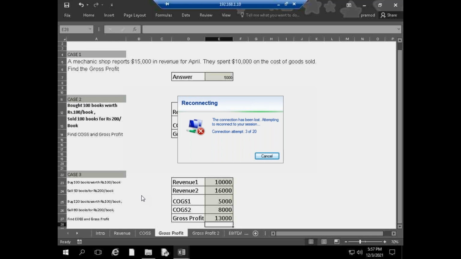For the COGS sum, for case 2, we did it like that only, sir. Like purchase quantity into purchase price. The same for gross profit case 2, sir.